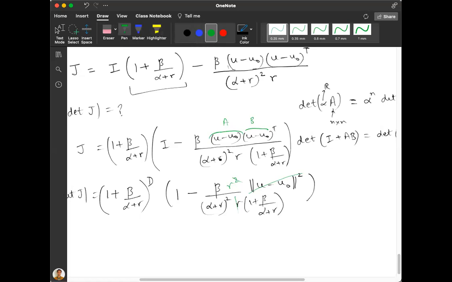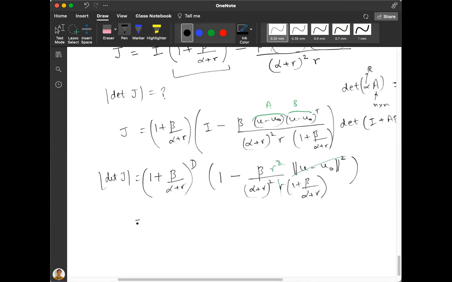So let's now try to simplify this. This becomes equal to 1 plus beta upon alpha plus R to the power D. Then you have here, okay, let's try to take the denominator.